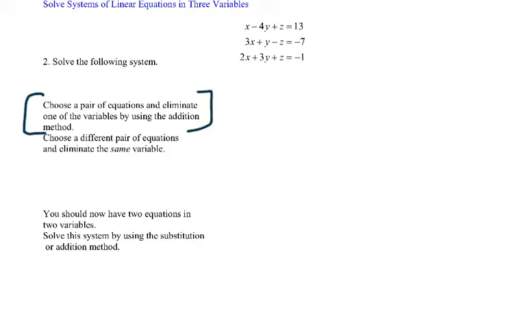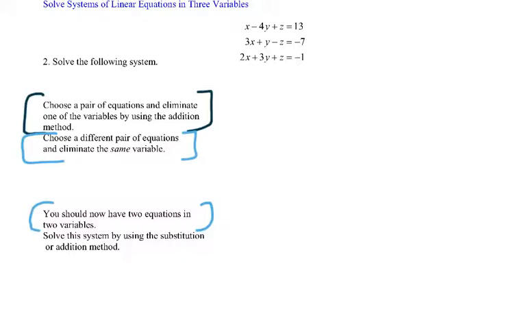Then you choose a different pair of equations and eliminate the same variable. Then you should have two equations in two variables, and we would solve that just like a system of equations with two variables to get two of the coordinates, and then we would plug those in at the end to solve for the third missing coordinate. So let's see how this works. It's a lot of talk until you see it.